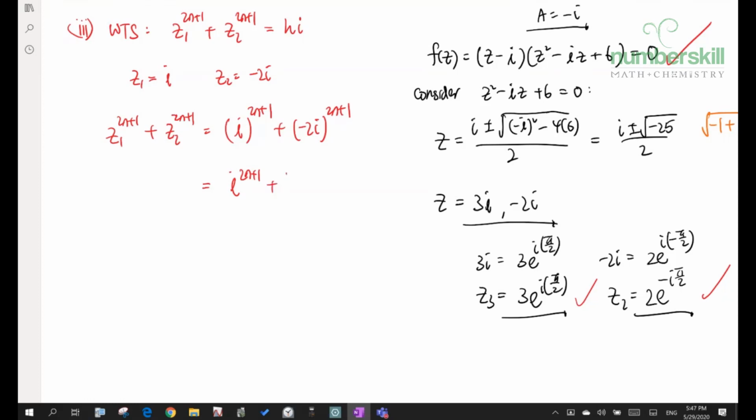Because by your law of indices, you can do a split. This becomes the common factor, which is pretty obvious, you can factorize out. Which will give me 1, and then plus a negative 2 to the power of this. Okay, follow?